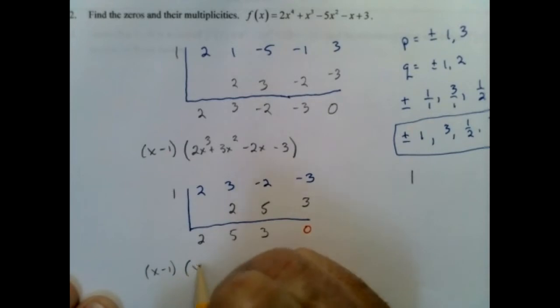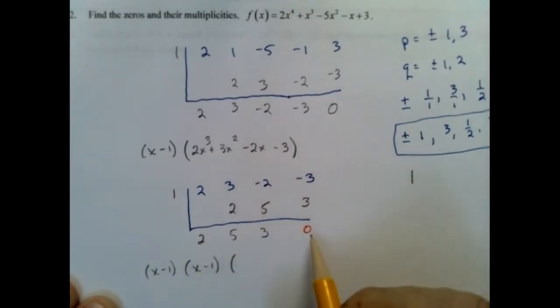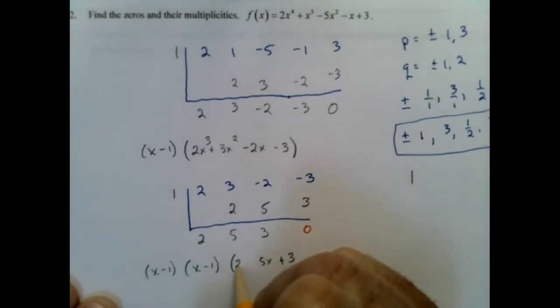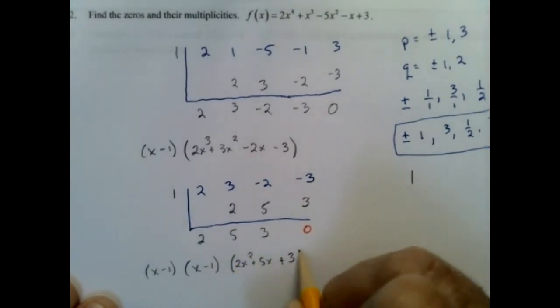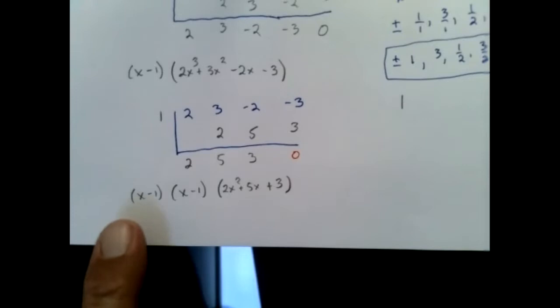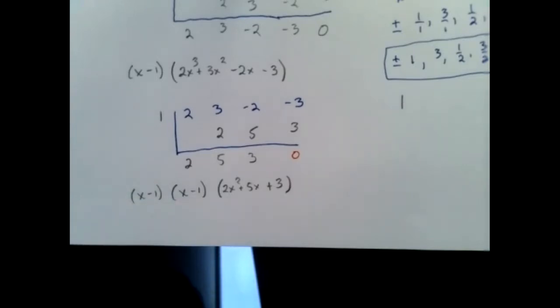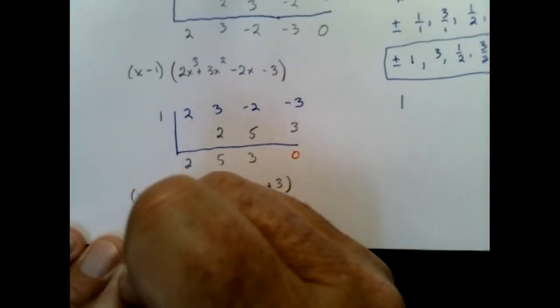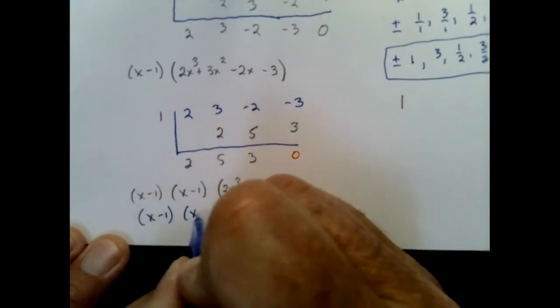I have this x minus 1, and I'm left with 2x squared plus 5x plus 3. Now I'm down to a point where that's awesome. I found these first two, and I'm not going to do synthetic division again.